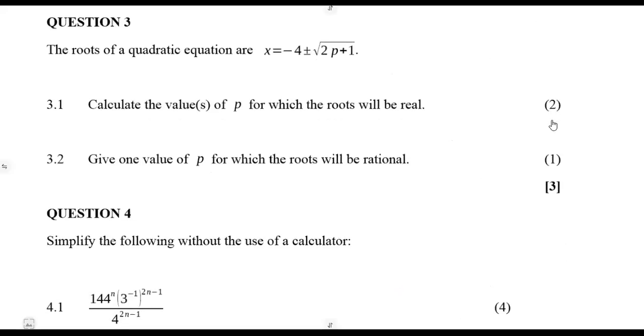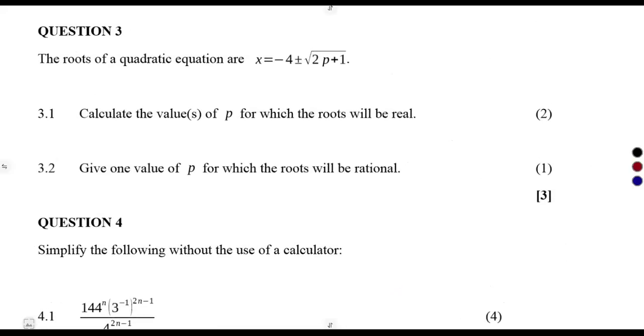Question number 3, we are given that the roots of the quadratic equation are given as this. So guys, I talked about this as an introduction, the nature of roots, from the part of your delta here. The part that is under the square root is the one that you work with.